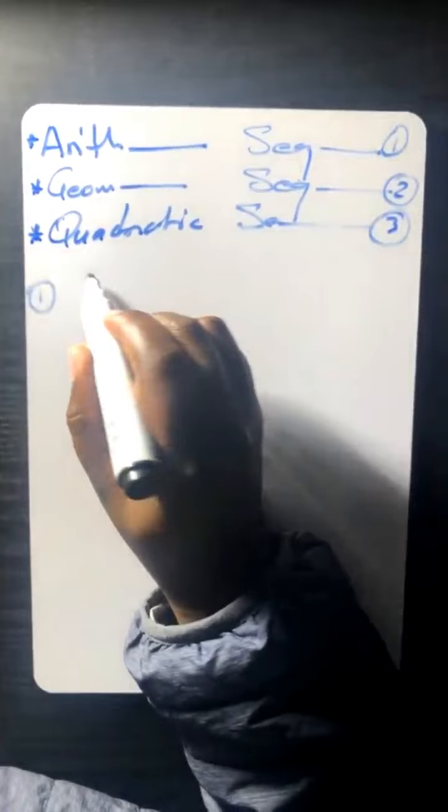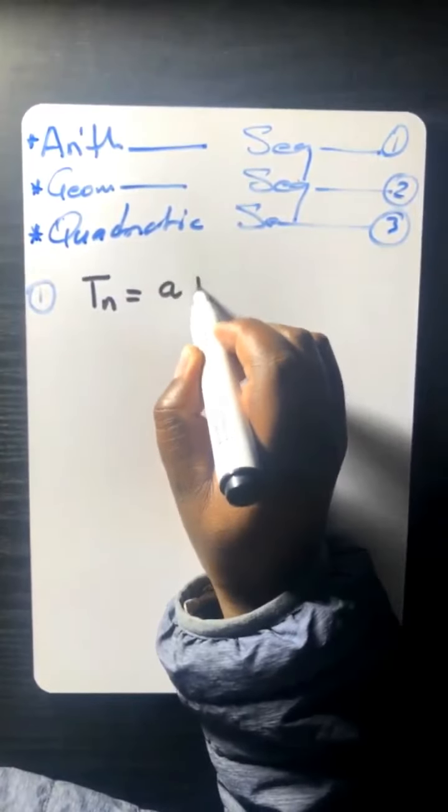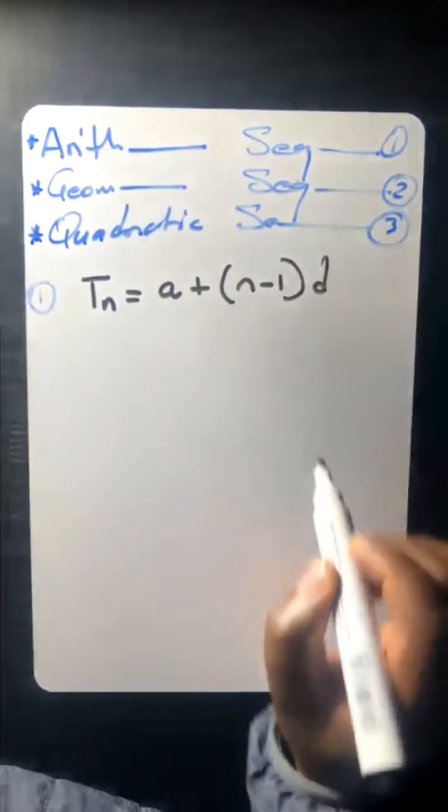So number 1 being arithmetic. This is the formula for an arithmetic sequence: Tn equals a plus (n minus 1)d.